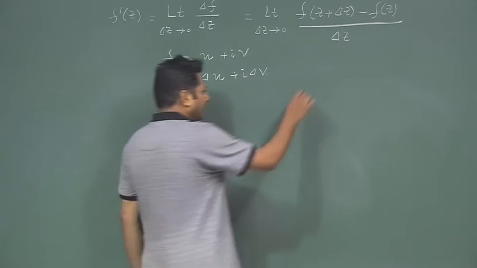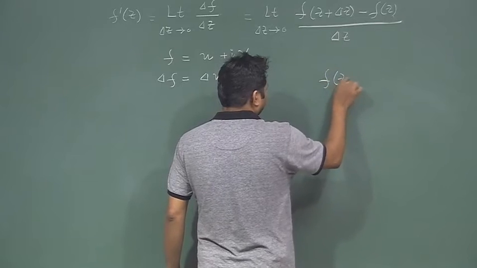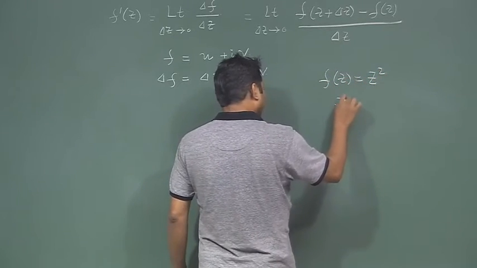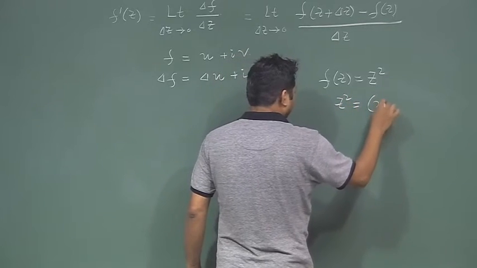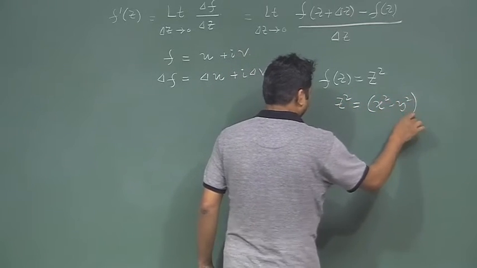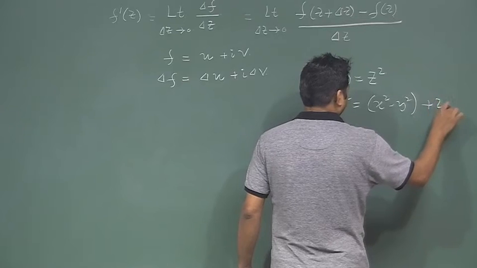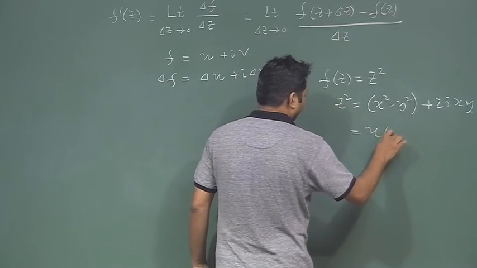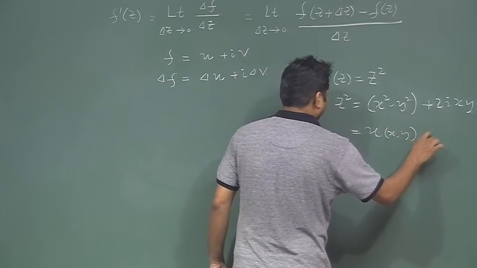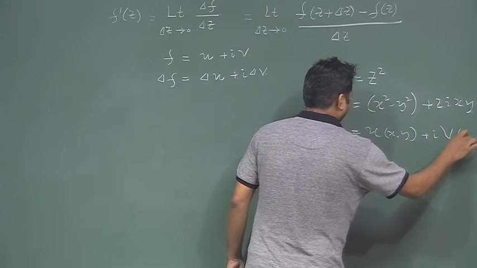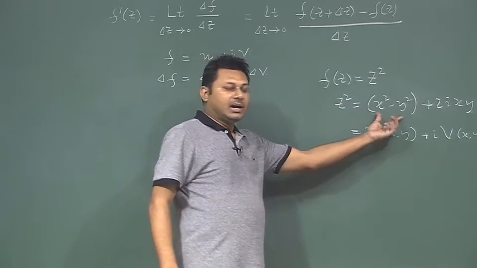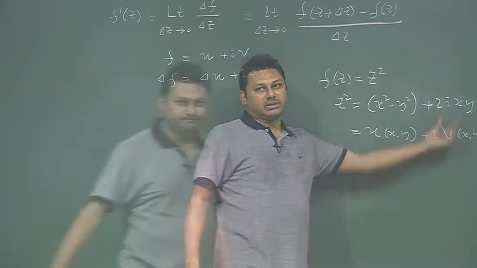If you remember, f of z, if I say this is z square, then z square itself can be represented as x square minus y square plus 2 i x y, or u of x, y plus i v of x, y, where u of x, y is this quantity and v of x, y is this quantity.